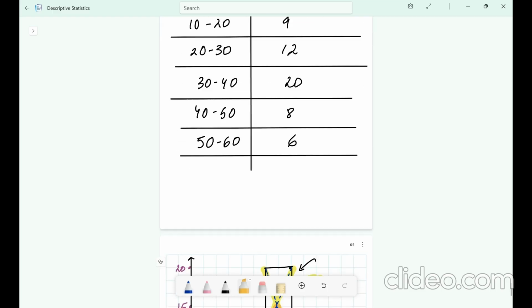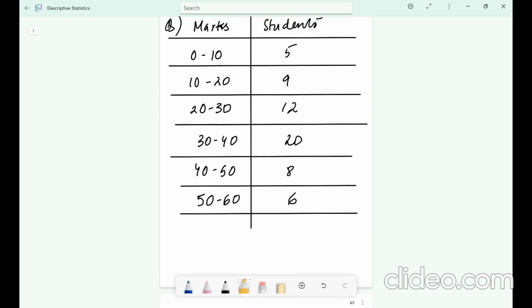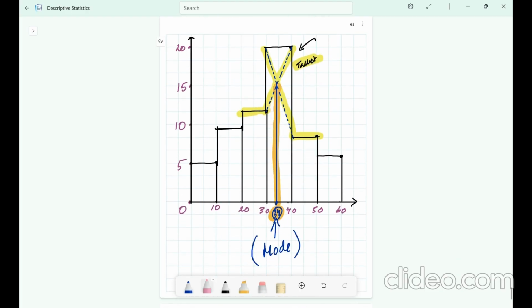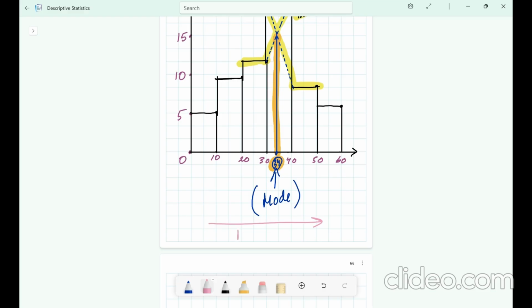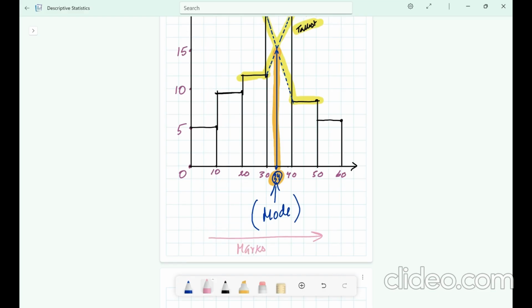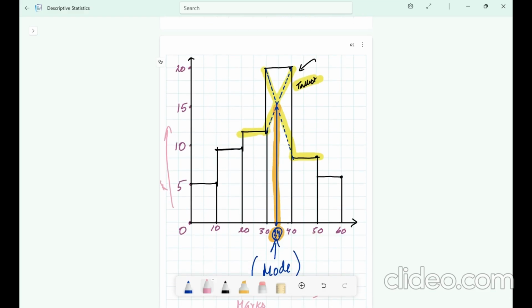This graph is based on this question actually. So what is the question here? The marks given are 0 to 10, 10 to 20, 20 to 30, and the students received those marks. We plotted it. See, these are the values, marks, and this is the frequency. Always the y-axis will contain the frequency, x-axis will contain the values.